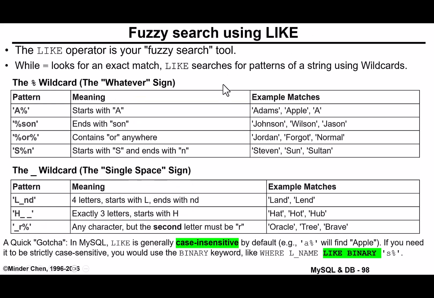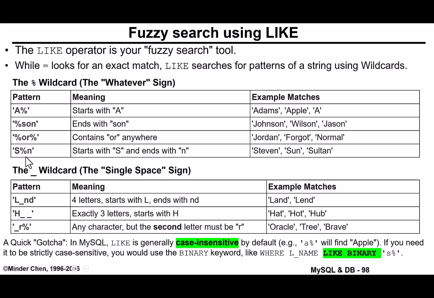And this is also called fuzzy search, using like. And there are different ways to use it. For instance, start with A, in this case end with SON, or you have a string that somewhere has OR in it. It could be at the very beginning, at the very end, or somewhere in between. You don't care as long as it has OR in it.